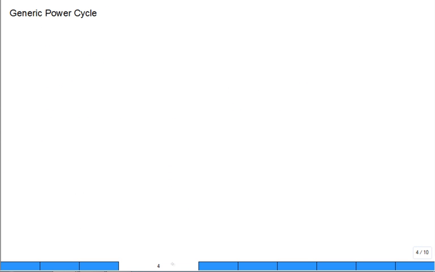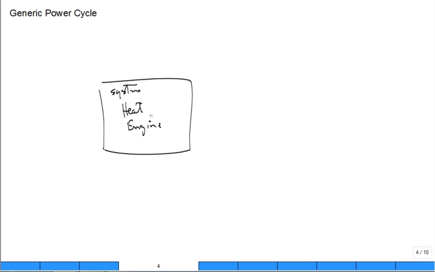Now we talk about basically a generic power cycle. So here's a system, and we just draw that as a big box. It's pretty arbitrary what's happening inside this system. But this system, if it's a power cycle, is something like a heat engine. And the heat engine takes in some heat transfer, a lot of it, from a high temperature source where it's hot.